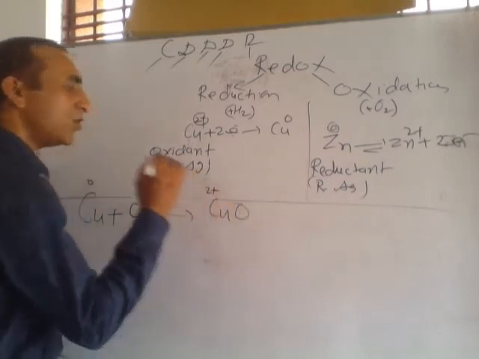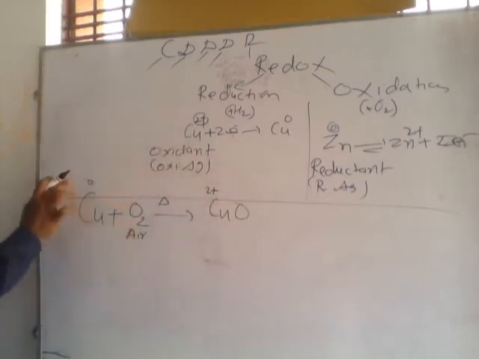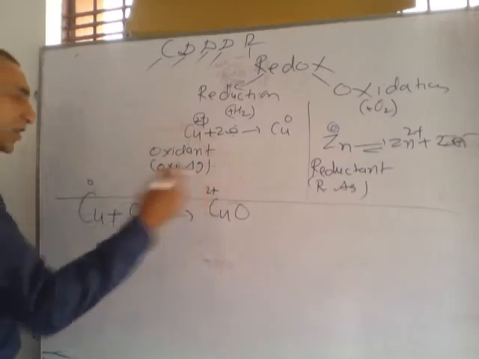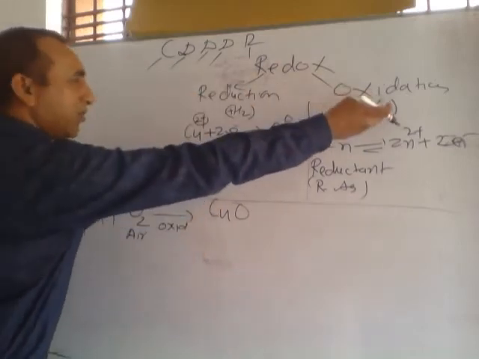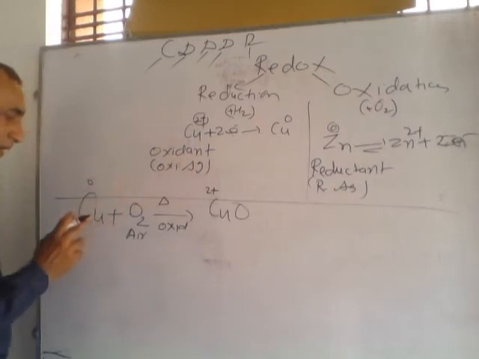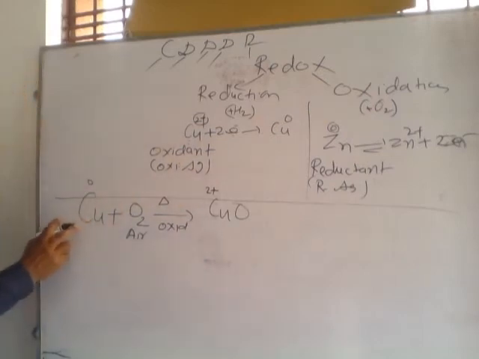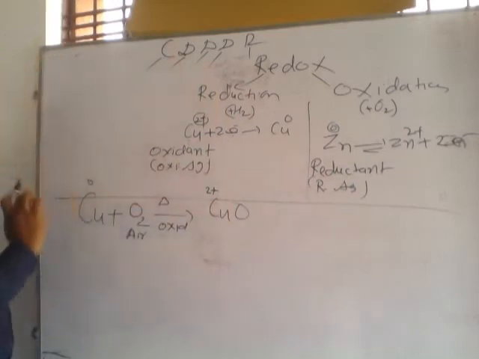Copper becomes Cu2+, from 0 to 2 plus. In this case, the valency of copper is increasing. This process is called oxidation. In both, addition of oxygen, otherwise you can say oxidation state of copper is increasing. But here copper is called what? Copper is called reductant because its oxidation state is increasing.